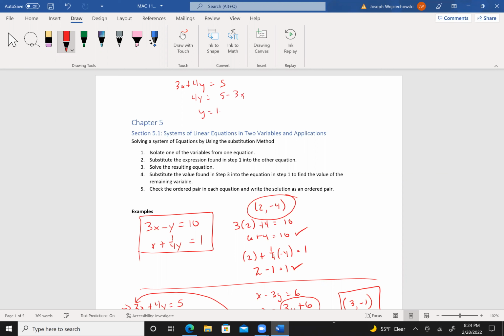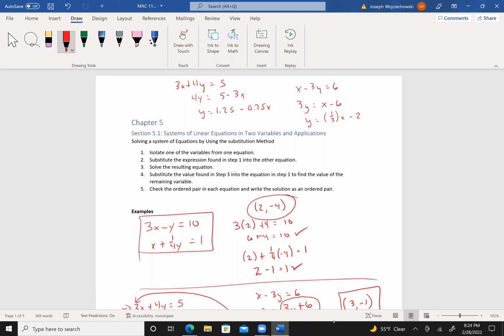Y equals 1.25 minus 0.75x. And then we had x minus 3y equals 6. 3y equals x minus 6. Y equals 1/3 x minus 2.